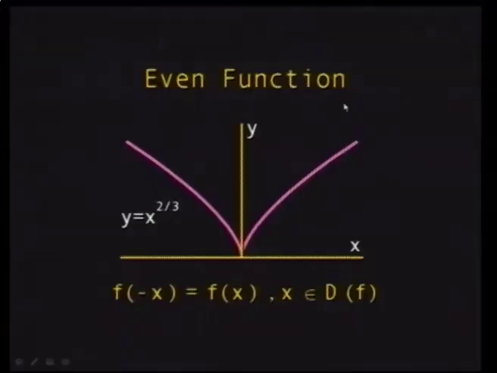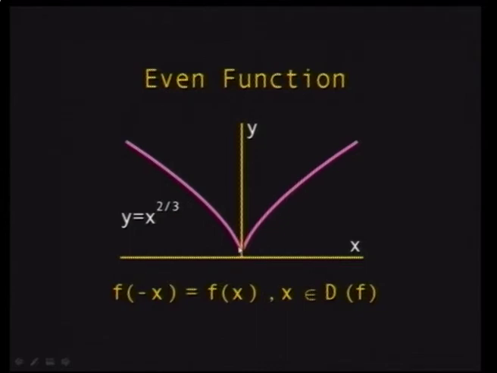For example, this one here, y is equal to x to the power 2 over 3. This is called the third root of x squared, and this is an even function. How did you know that it's an even function? The meaning of an even function is that it is symmetric about the y-axis.